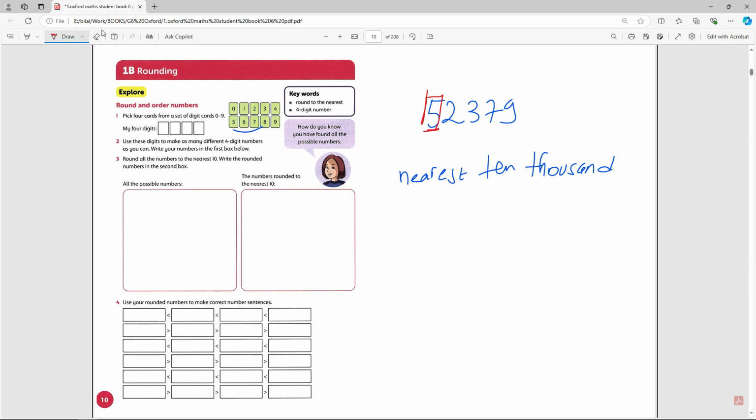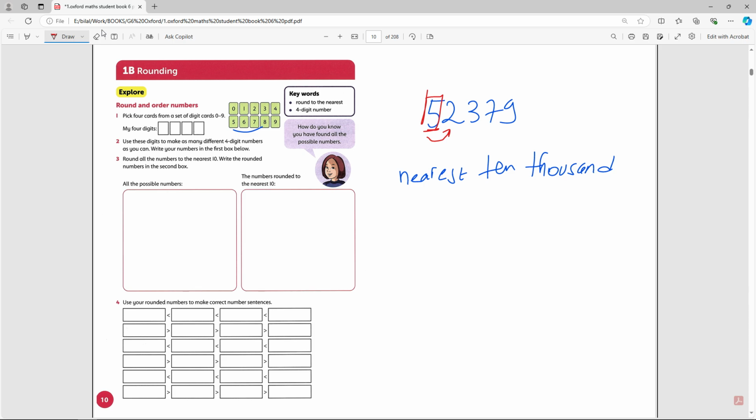And then if you're going to round it, you don't need to look at the 10,000 digit itself. You have to look at the number before it, and then you will check if it's 5 or more. If it's 5 or more, you add 1 to the 10,000 place value. If it's less than 5, 4 or less, you keep it as it is, and you replace the whole numbers after the 10,000 with zeros.